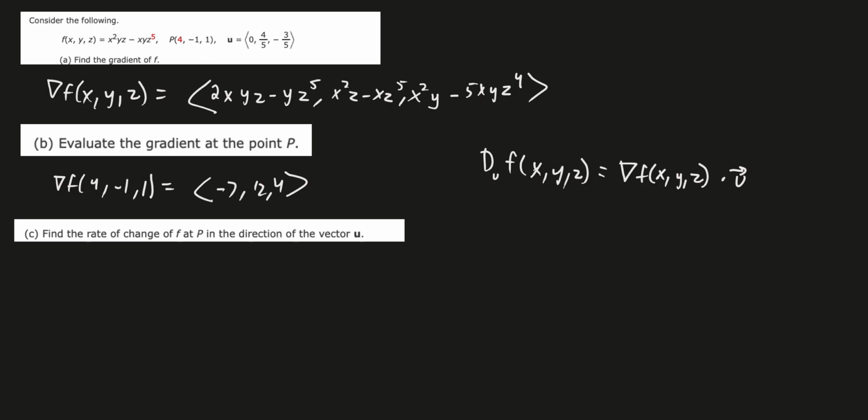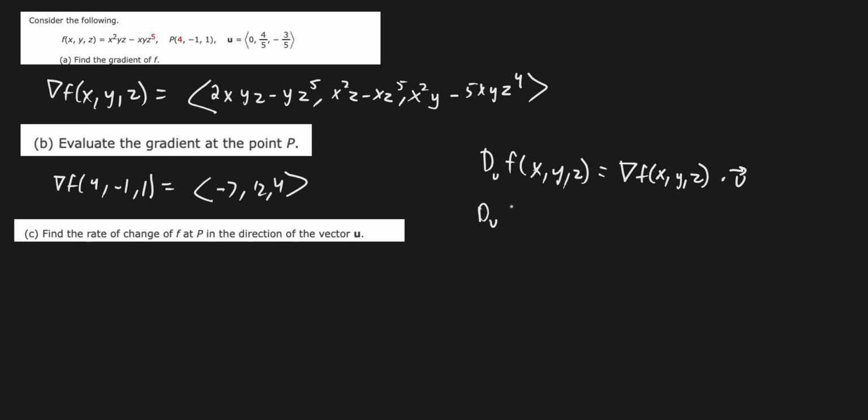Is this a unit vector or is it not? Well, we can determine that by taking its magnitude. So the square root of 0 squared, which is 0, plus 16/25 plus 9/25 is indeed 1. Just some quick arithmetic. There you go.